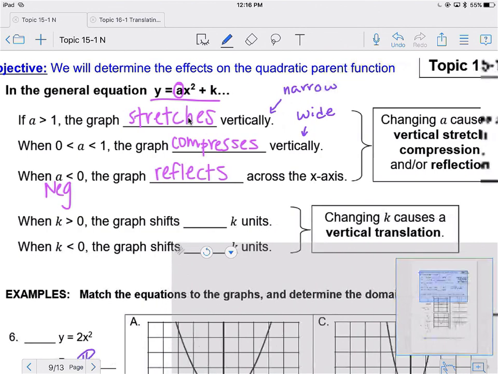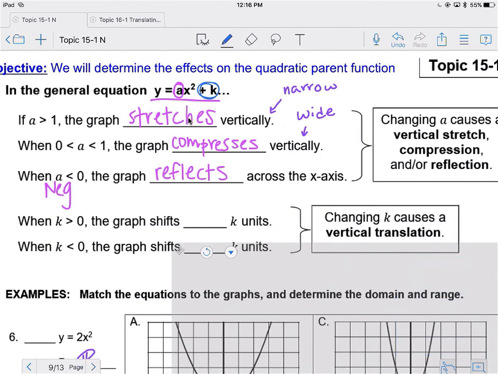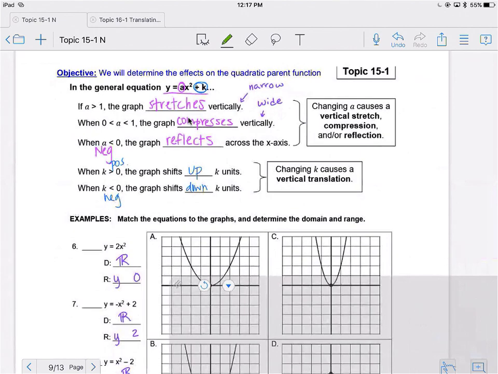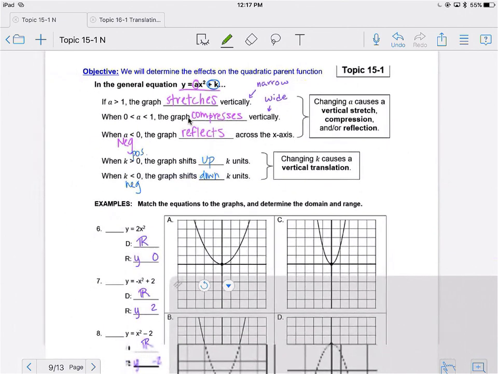Now k is the number in the back. So if k is positive, the graph shifts up. And if k is negative, the graph shifts down. So a in front before the x squared stretches, compresses, or reflects. K in the back, if it's a plus, it goes up, and if it's a minus, it goes down.